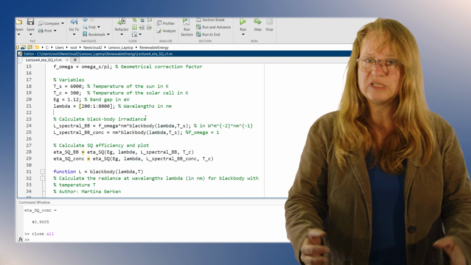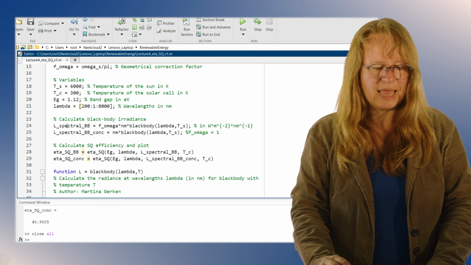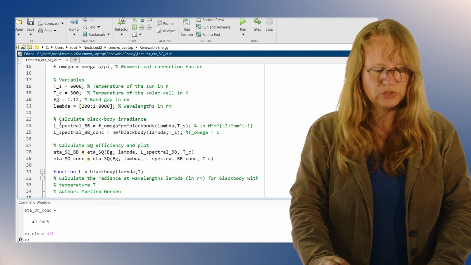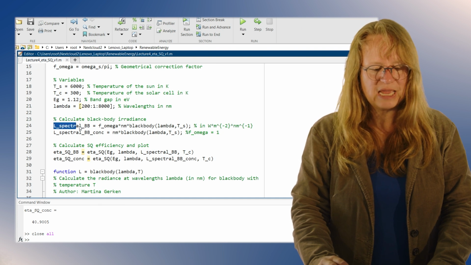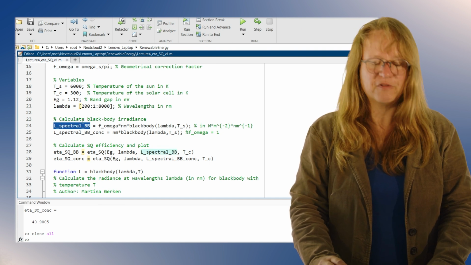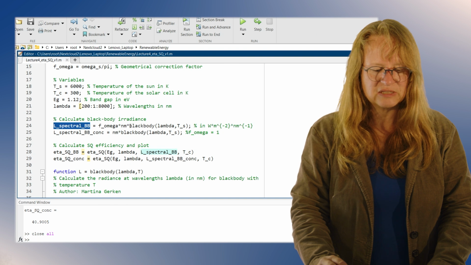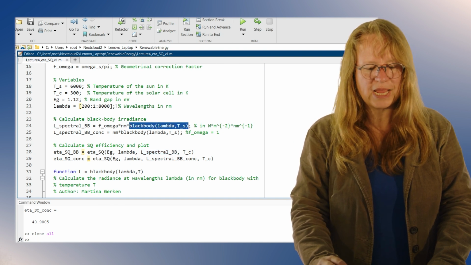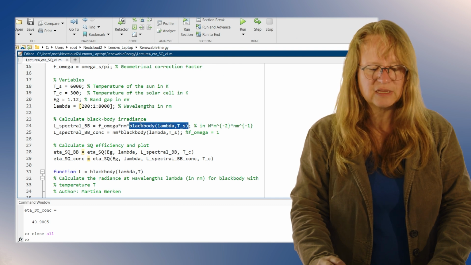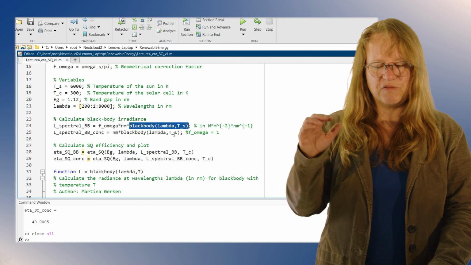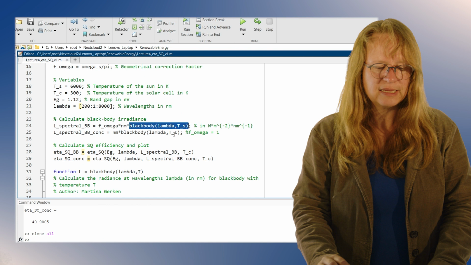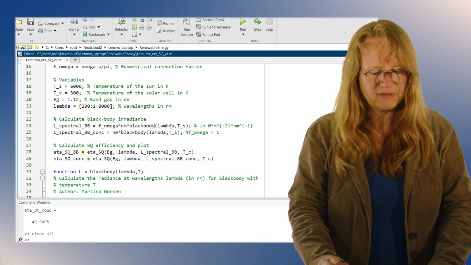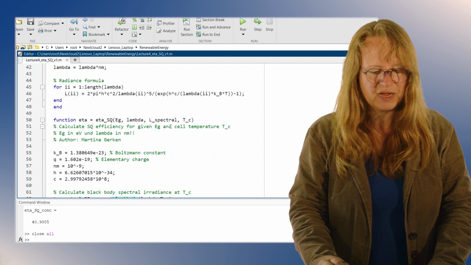And then here I'm not using the experimental L of lambda, but I'm using the black body radiation. So in order to obtain my spectra for the black body, I defined this function black body for a wavelength range and for a given temperature. So this gives me back the L of lambda at the temperature Ts, and it gives the values by calculating the function down here.